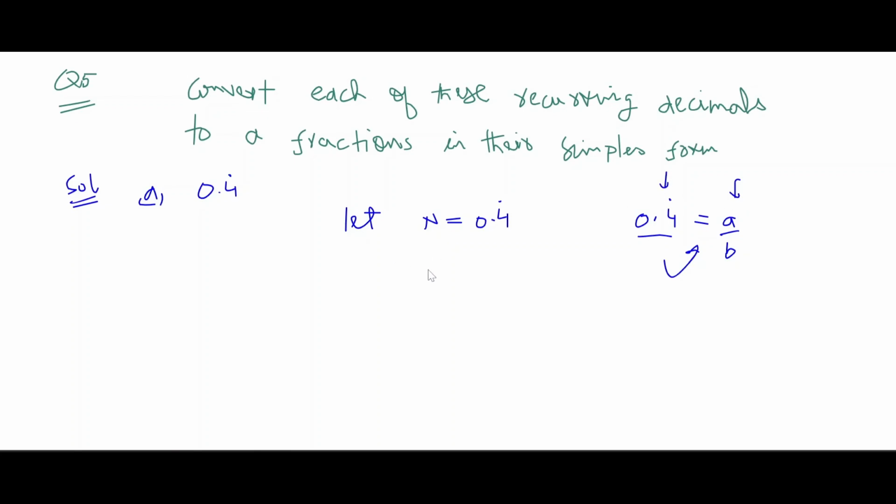So let's do it. Multiply both sides by 10. So 10 into n is 10n, and 0.4 recurring multiplied by 10 gives 4.4 with the dot above. So 10n equals 4.4 recurring.